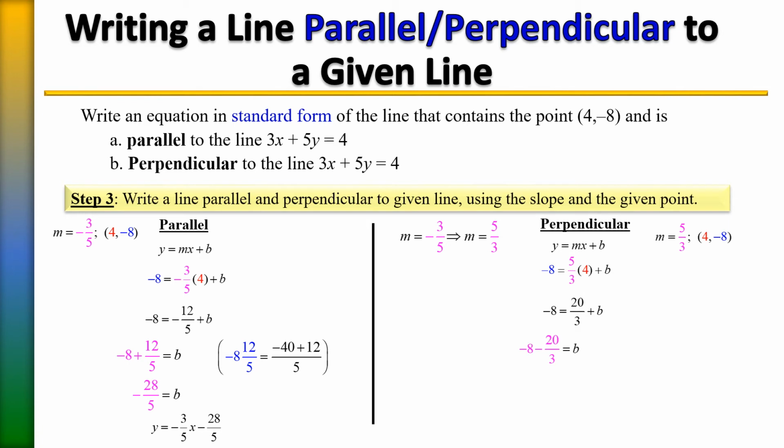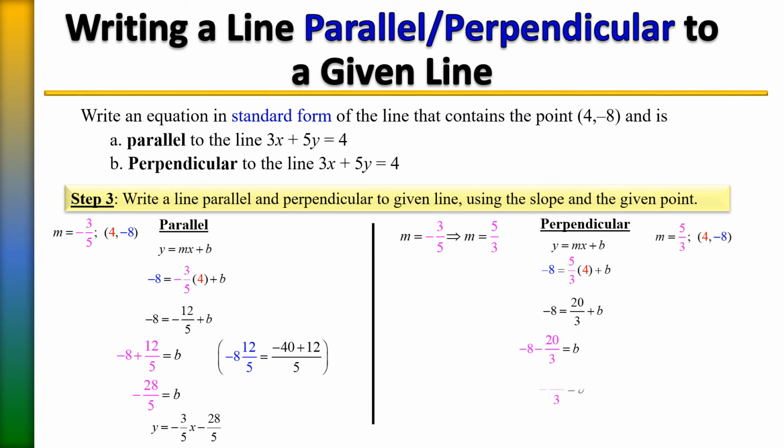Since the signs are the same there, keep the sign and add the numbers. Remember, I told you you can also use the method of whole number times the denominator plus the numerator if you want to combine whole numbers and fractions.